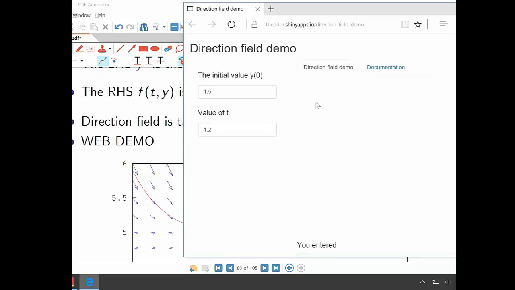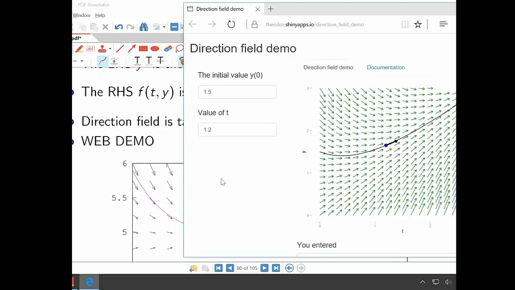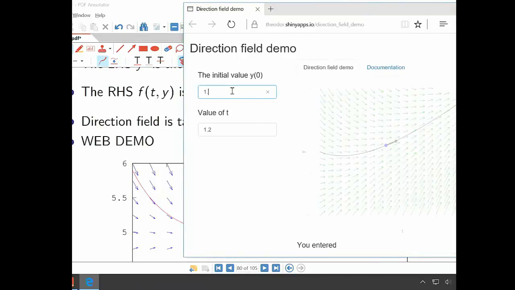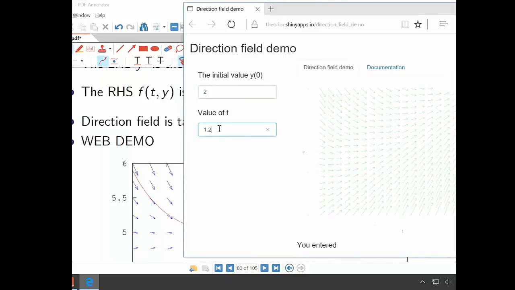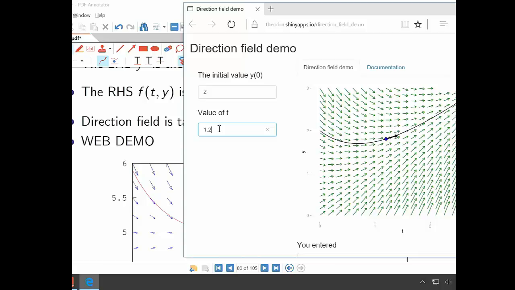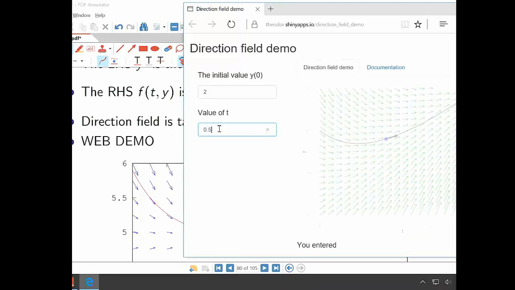For example, you can enter y of 0, say, 2. And you can enter the value of t, let me enter, say, 0.5.